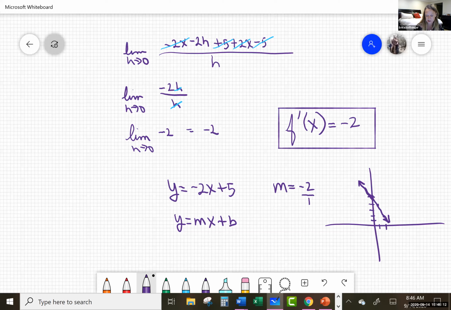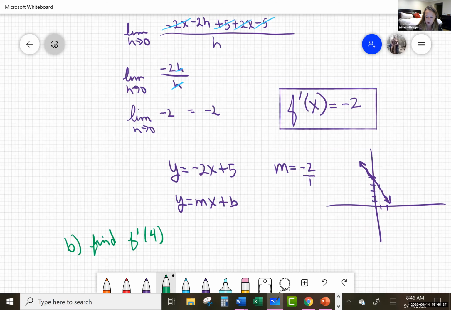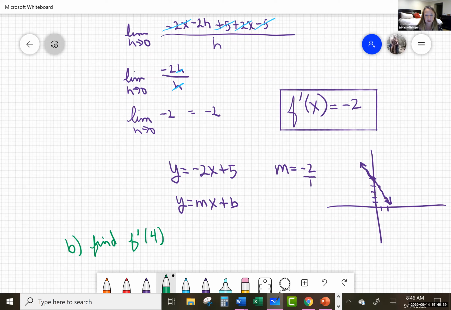prime of x. The next question was to find f prime of certain values. Well, if this is f prime of x, and it wanted you to find, let's say, f prime of 4, well, if you go back into this function and you plug in 4 wherever you see an x, well, there's no x there.